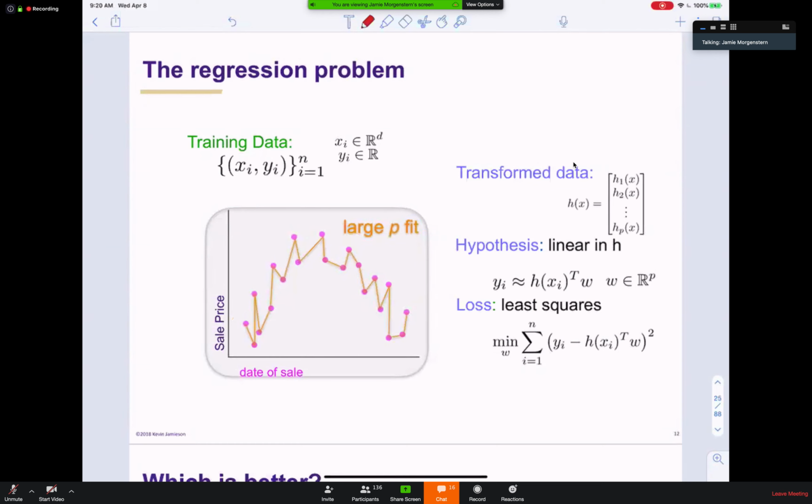So if we think of the dimension of the space into which we're mapping our data points as very large, or at least relatively large compared to the number of data points we have, we'll be able to find some w, when minimizing our least squares error over our data, which does a very nice job exactly estimating the sales price on our training data from date of sale. Does anybody have any questions here?